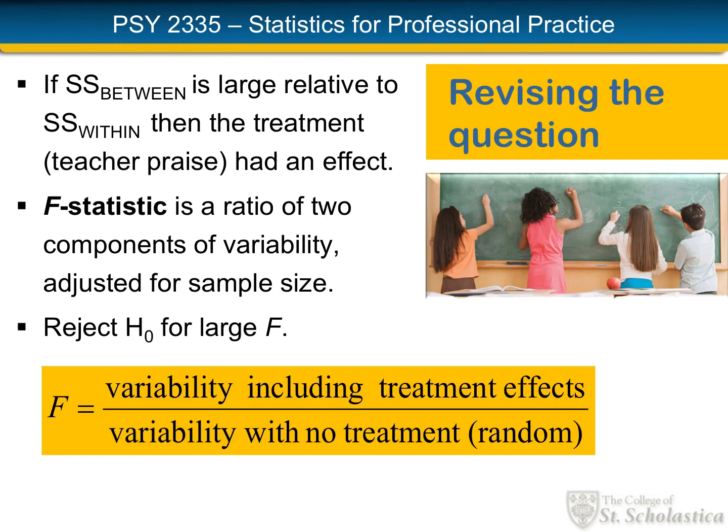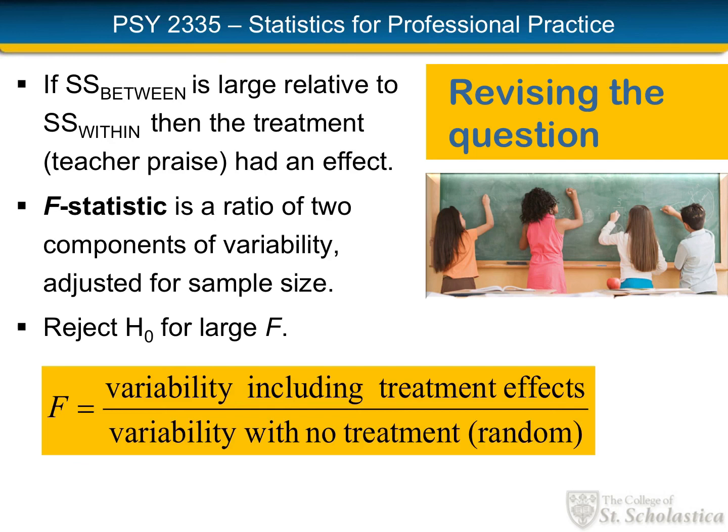In the previous video, we were sneaking up on the idea of our F statistic as a ratio of these two components, the systematic component on the top and the random component on the bottom. And in this video, we'll figure out how to actually compute that statistic.